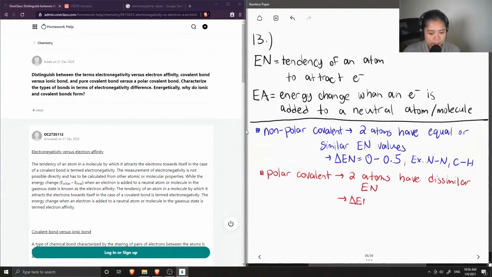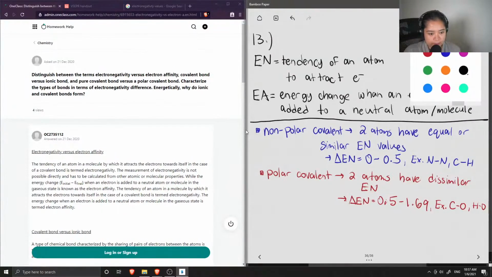So the change in electronegativity for polar covalent bonds is usually around 0.5 to 1.69. Some examples of polar covalent bonds would be carbon and oxygen, or hydrogen and oxygen, etc.